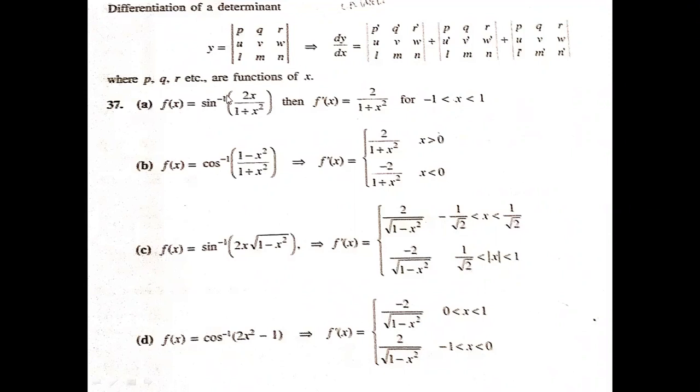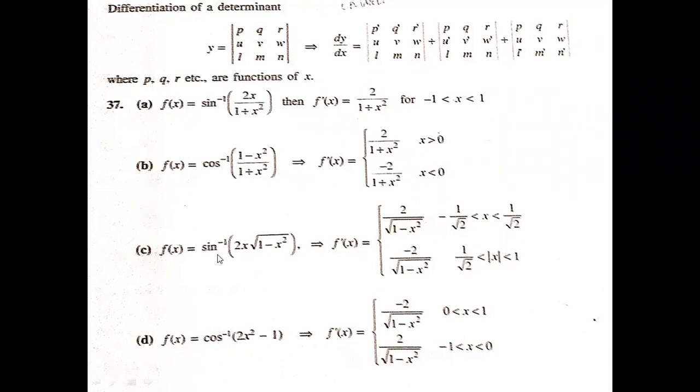37. If f of x is equal to sine inverse of 2x by 1 plus x square, then f dash x is 2 divided by 1 plus x square. For f of x is equal to cos inverse of 1 minus x square by 1 plus x square, f dash x will be 2 by 1 plus x square for x greater than 0, and where x less than 0, we'll get minus 2 by 1 plus x square.